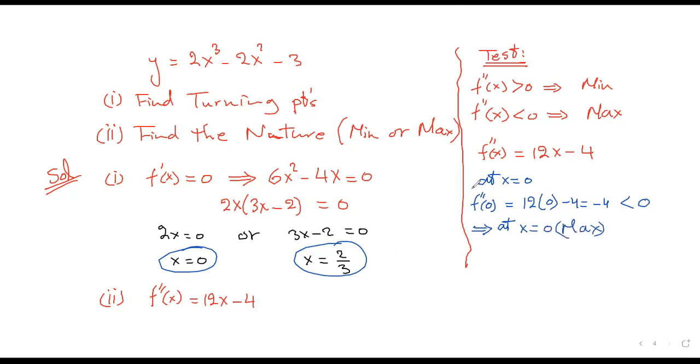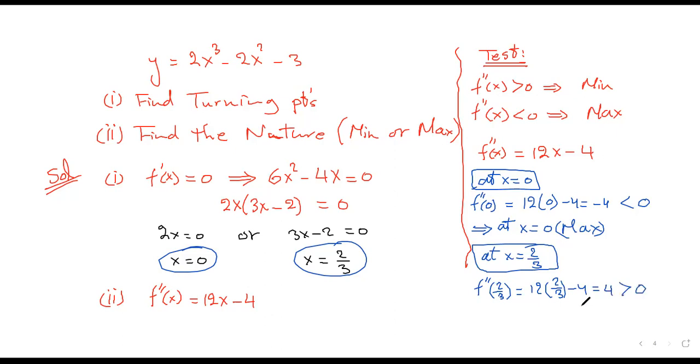Now, that is at x equals 0. Let's do x equals 2 over 3. Let's apply the second differentiation at 2 over 3. Do substitution. 12 times 2 over 3 minus 4, that equals 8 minus 4, that's a 4, which is greater than 0.